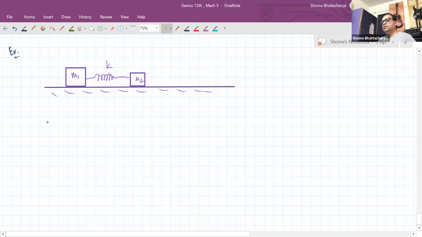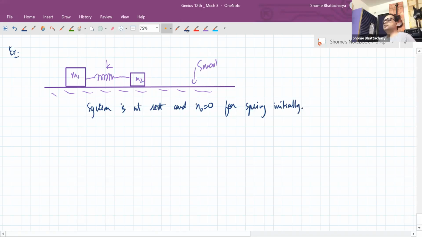Now there are 3 parts of this question. This system is at rest and x naught is equal to 0 for the spring initially. It's a smooth surface. So the first part: a sharp impulse of F delta T equal to M1 V naught acts on M1 initially.